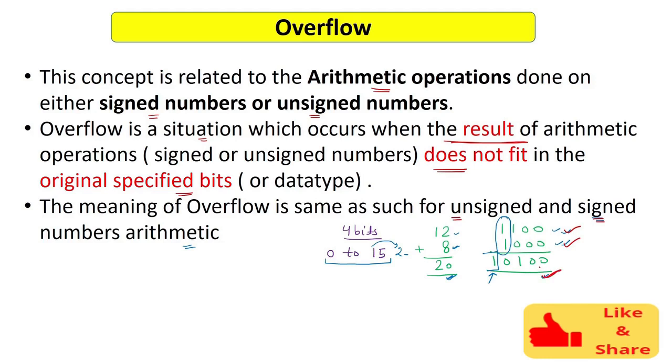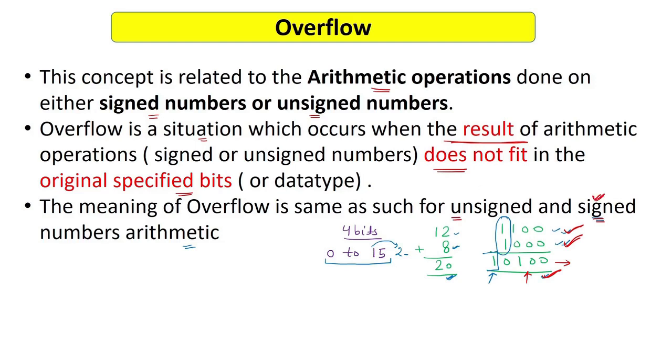Overflow is a situation when your result cannot fit into the original number of bits. The original number of bits for the input was 4, so your result should also fit into only 4 bits. But here your result is not fitting in those 4 bits. It is coming in 5 bits. So this shows that overflow has happened.